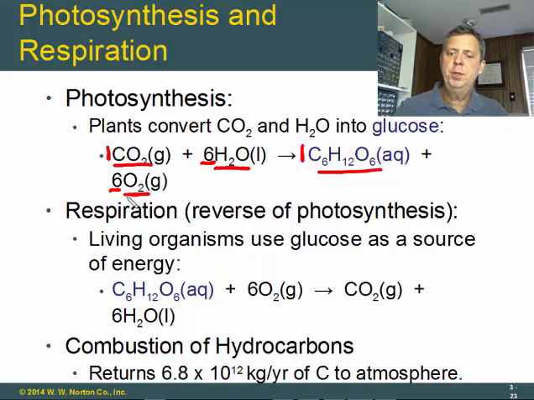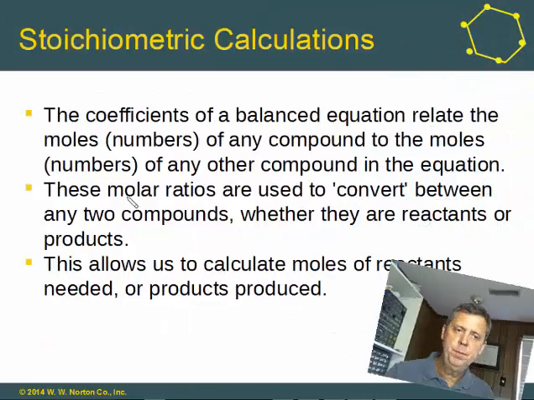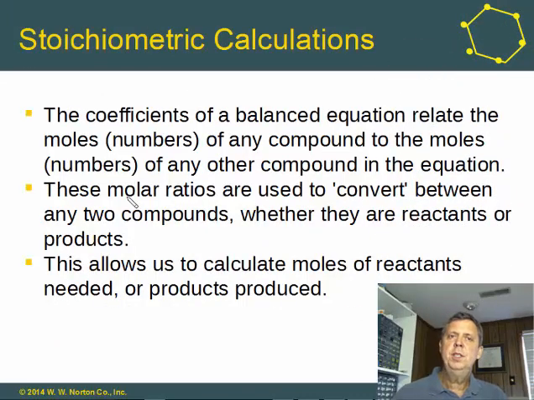This is really what stoichiometry is. Again, these coefficients only relate numbers to numbers: number of molecules to number of molecules, or moles of molecules to moles of molecules. So, as I said, the coefficients of a balanced equation relate numbers of any compound to numbers of any other compound in that reaction, or element. It really could be individual elements or compounds.